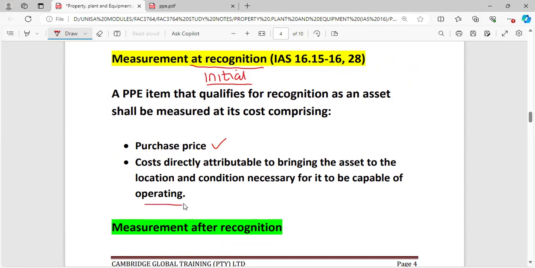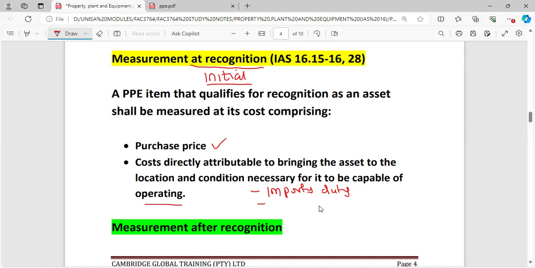If an asset is brought from outside the country, it means import duty is also going to be part of the cost of the asset. If the asset needs other modifications whatsoever to make it suitable for use, then it's also going to be part of the cost of the asset.